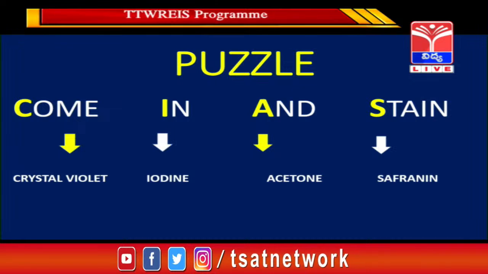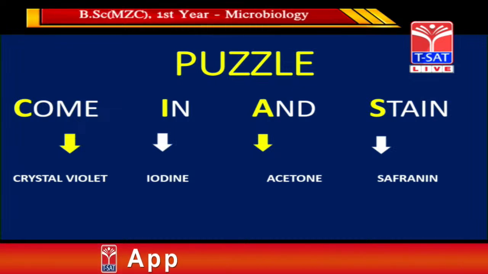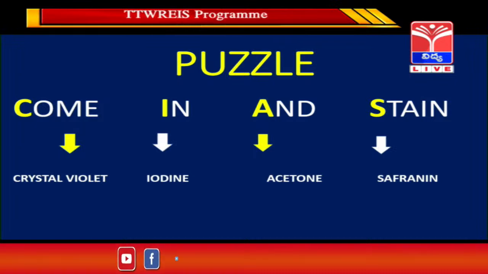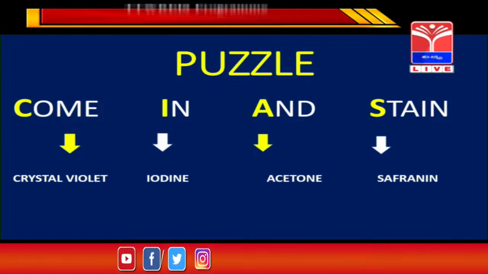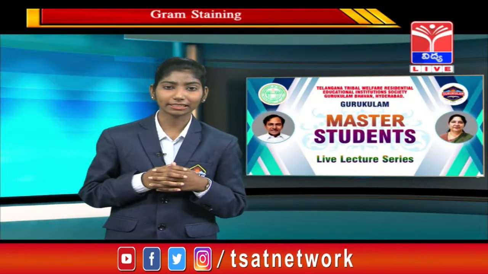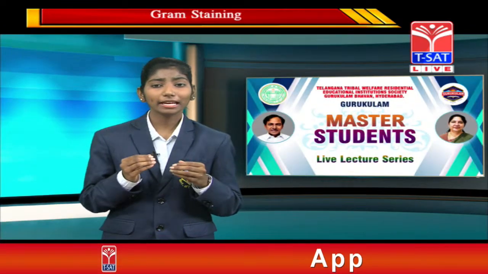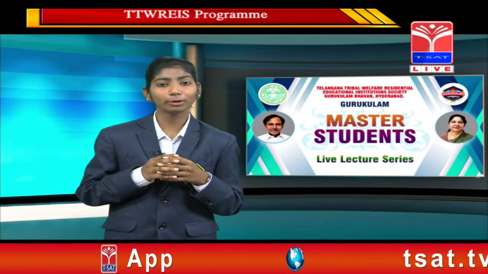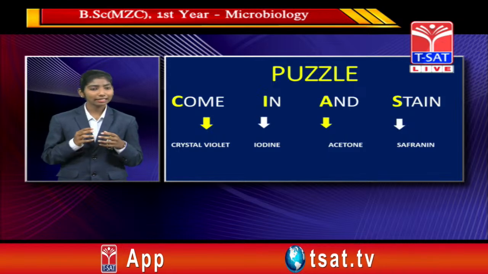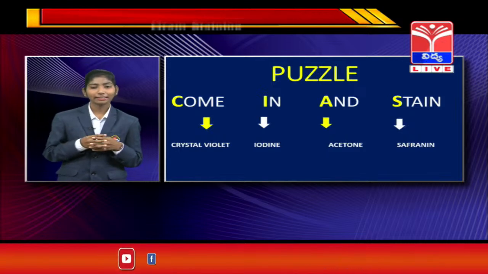In this puzzle, C stands for crystal violet, I stands for iodine, A stands for acetone, and the last S stands for safranin. So these are the requirements used in the gram staining technique. This puzzle may help you to easily remember the requirements used in this gram staining technique.